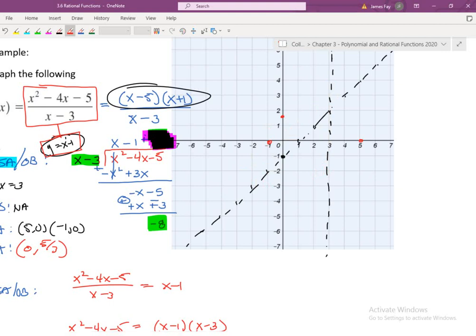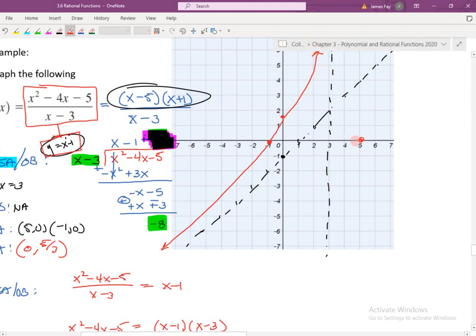So as I move to the left, from this point here to the left, you have to start getting closer and closer to that asymptote, but you're not going to cross it. I go through that y-intercept, and then as I go to the right, I'm going to get closer and closer to that vertical asymptote. Does that make sense? Okay. Now over here, same idea.